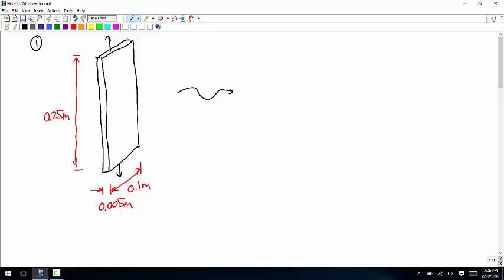so I'll use this coordinate system. I'll call the up-down axis X, Y, and then Z coming towards us.